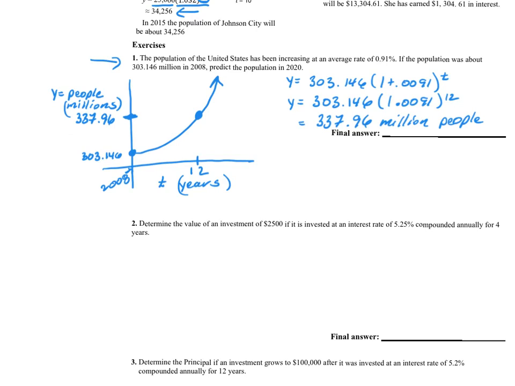Then to go do the calculation, the difference between 2020 and 2008 was a time period of 12 years. I make sure I do my exponent calculation before I do my multiplication calculation here, and that lands me at 337.96 million people.